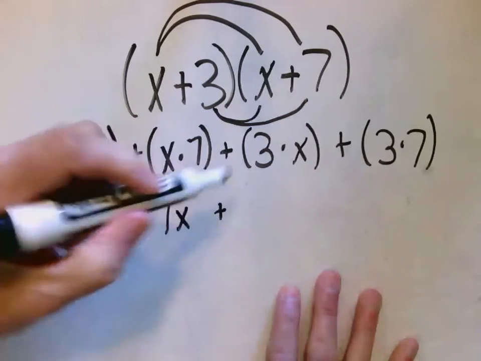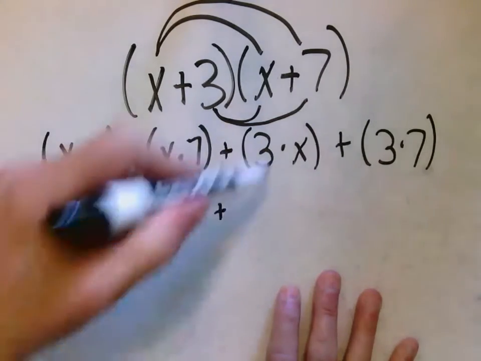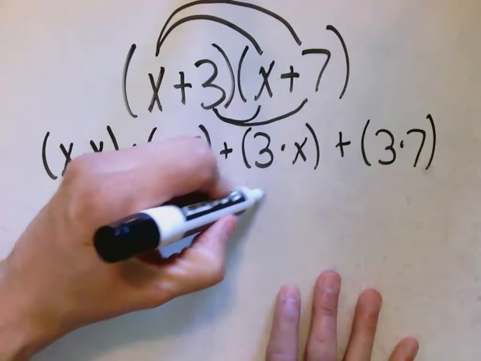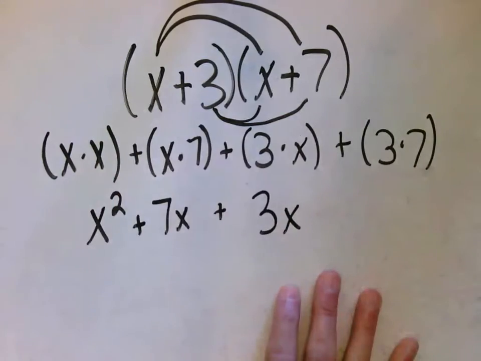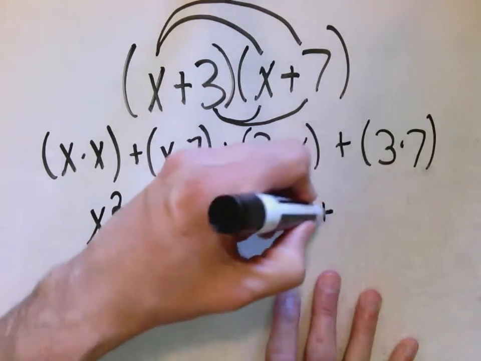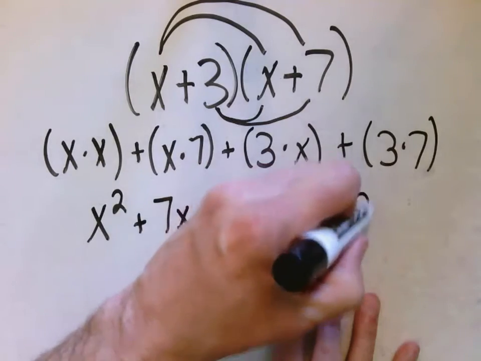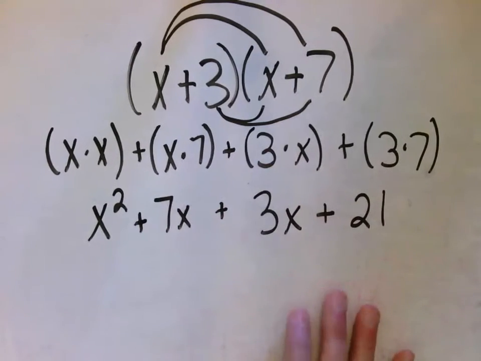We're going to add to that 3 times x. Again, always make sure the actual number comes first. So this will be 3x. And then we're going to add to that 3 times 7. And 3 times 7 is 21.